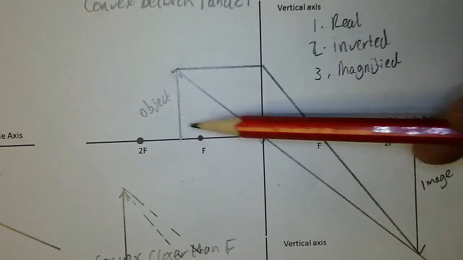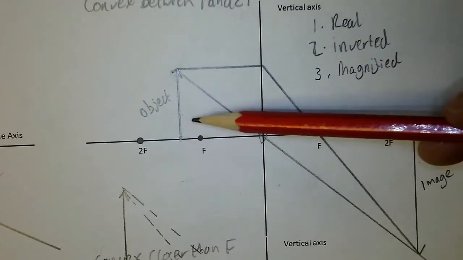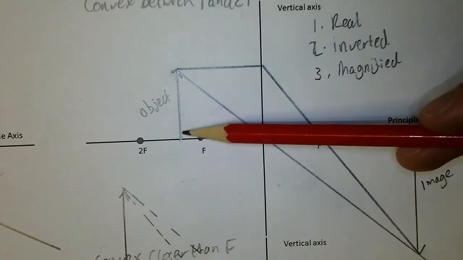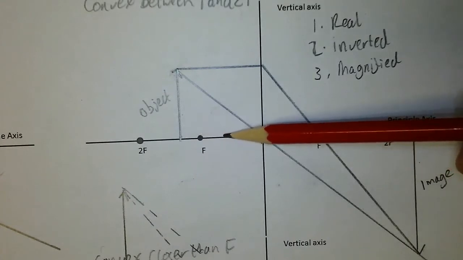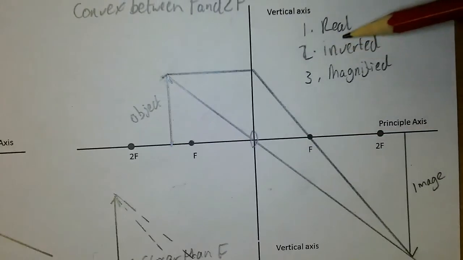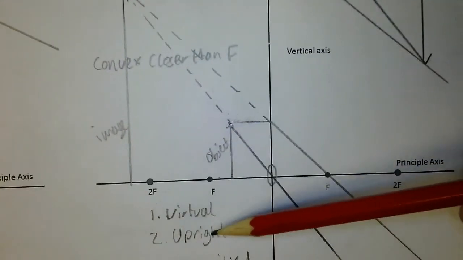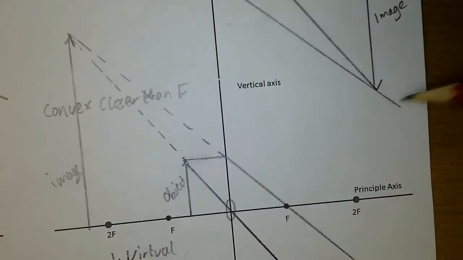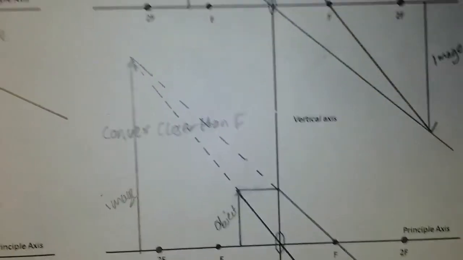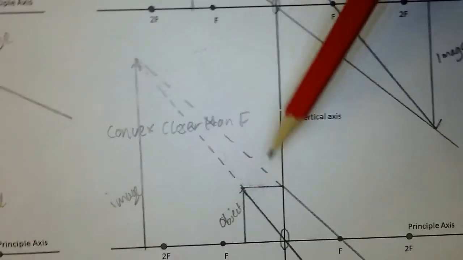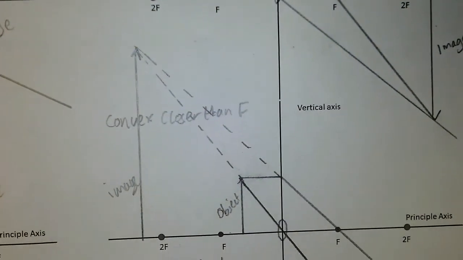You could have two objects drawn on your diagram, and it'd say what happens when the object is moved from 3 centimeters away to 1.5 centimeters away, and you would say it goes from being real to being virtual, it goes from being inverted to being upright, but it remains magnified. So they're both magnified. You need to look at comparing where it is to each other, and get used to what these images end up coming out like.